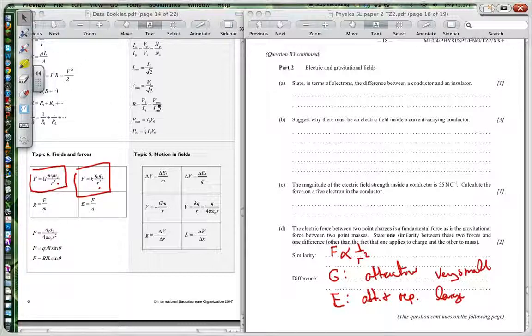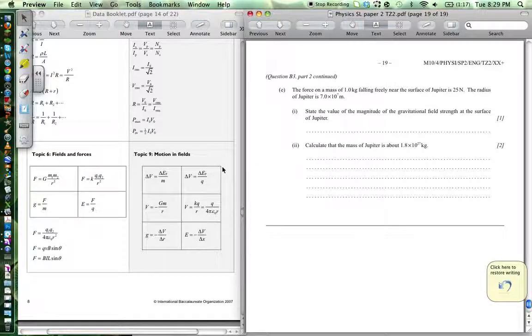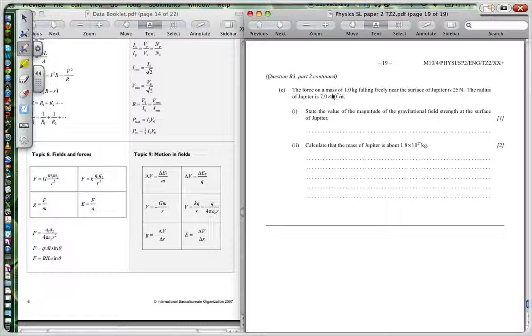Fine. So let's go on to the next page here, and we have a question where it says the force on a mass of 1 kilogram falling freely near the surface of Jupiter is 25 newtons. The radius of Jupiter is 7 times 10 to the 7 meters.